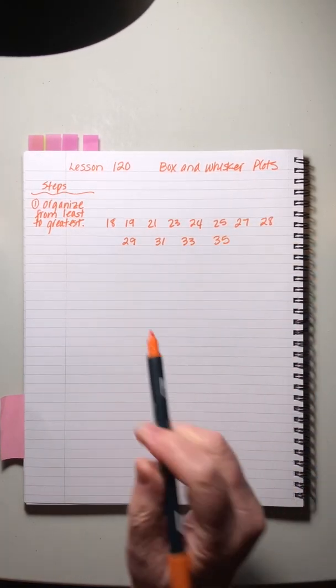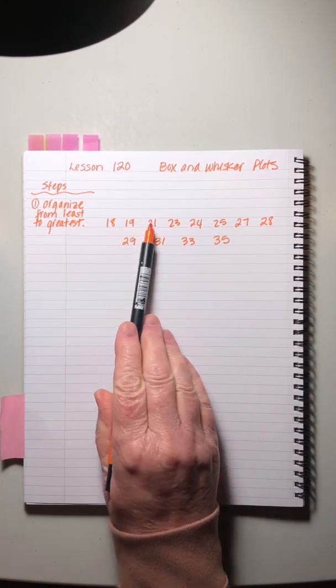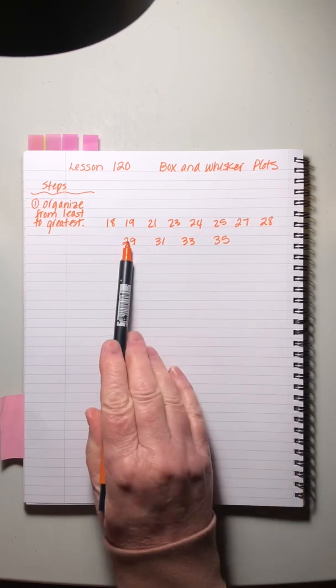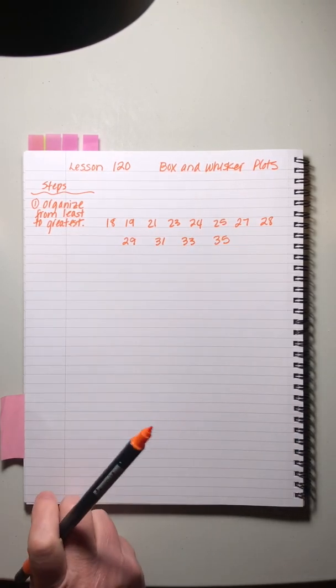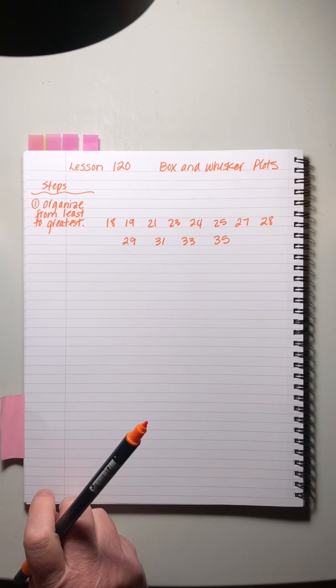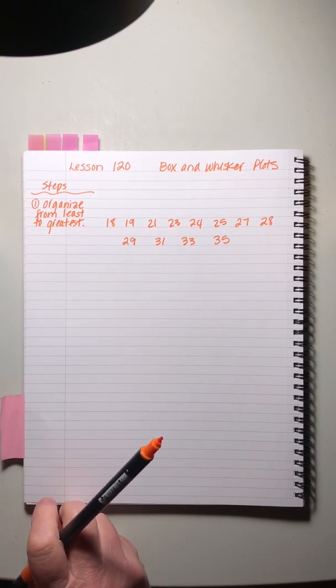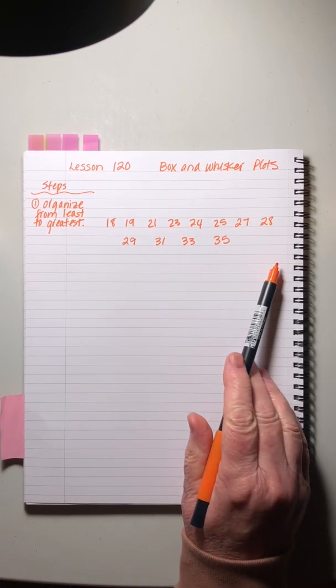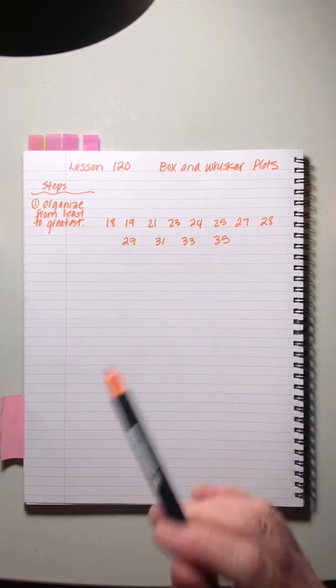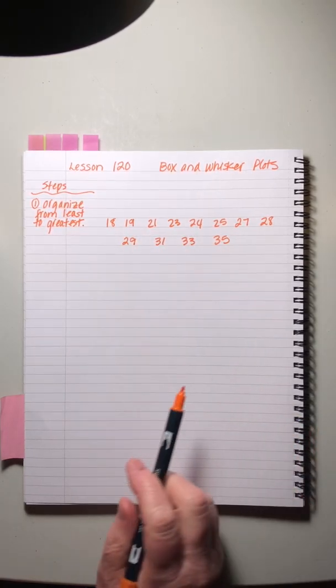Okay, you finish copying. I'll count and make sure I did it right. You should have 12 numbers when you're done. You can put commas between them if you want. I like to just leave a gap so I don't have all those little squiggles in my way.